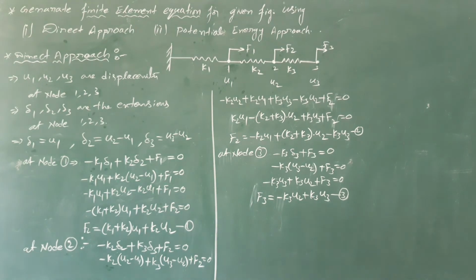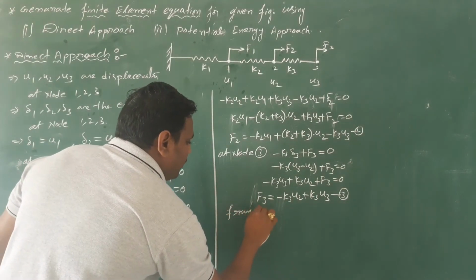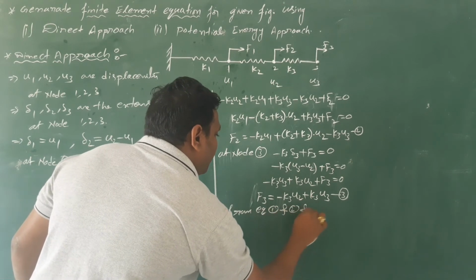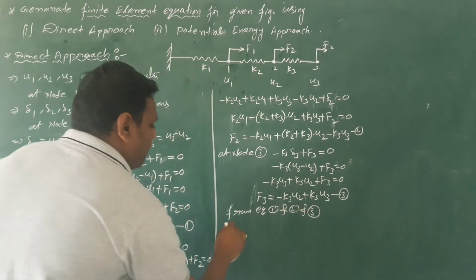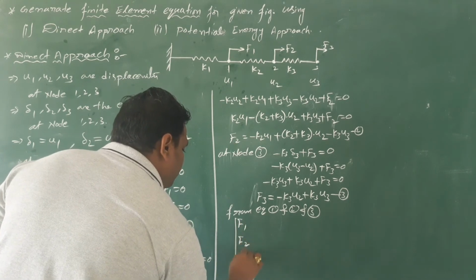So finally we got three equations. Now write the entire equations, from equation 1, 2 and 3, as F1, F2 and F3.